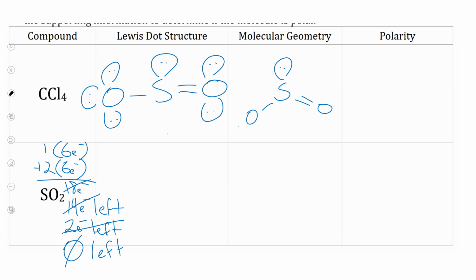So we have three electron domains. Lone pairs still count as electron domains because they still take up space. Double bonds only count as one electron domain because they have to be in between the same two atoms. If it's a double bond, even though there's 4 electrons there, they're still stuck between the sulfur and the oxygen. So it only takes up one space.